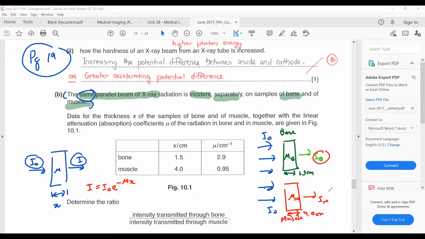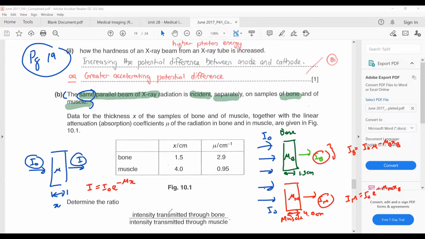The intensity transmitted through the muscle, it is this one. So this one, I know that the equation is IB equals I naught exponential negative mu B XB. Sorry, my mistake. This one will be IM equals I naught exponential negative mu M XM, right?